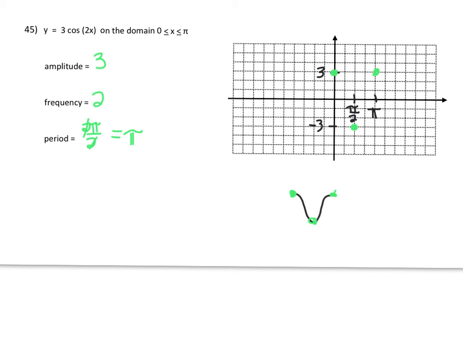If you go 1 box from the left or 1 box from the right, this is where we're going to be on the x-axis. And same thing right here. So this is what our curve looks like. And that's all we need for this one. So this one is y equals 3 cosine of 2x.